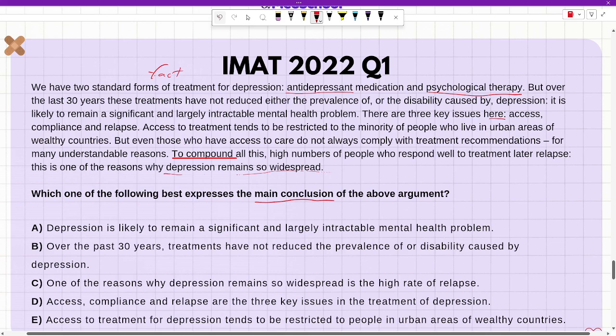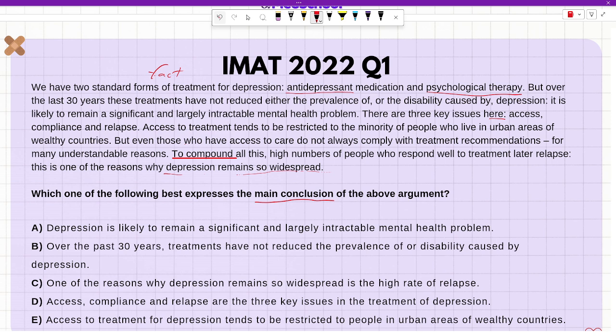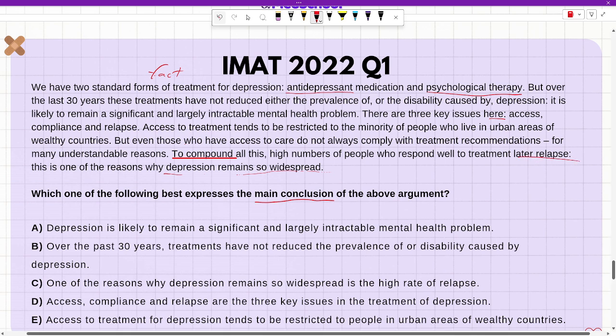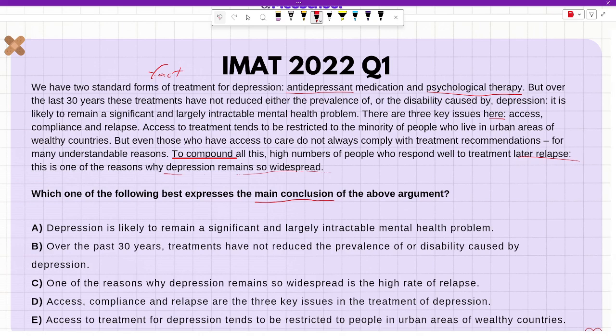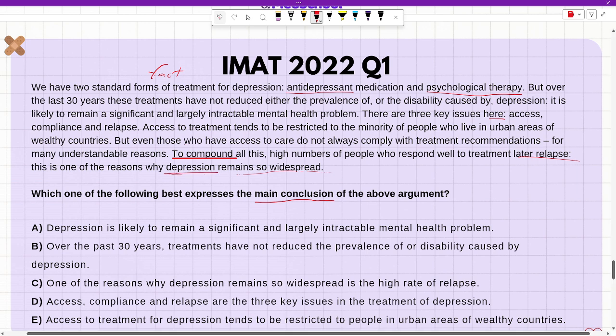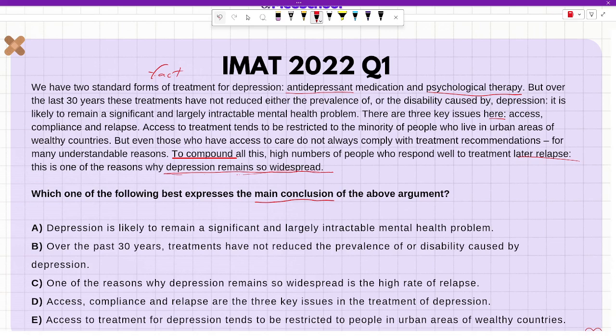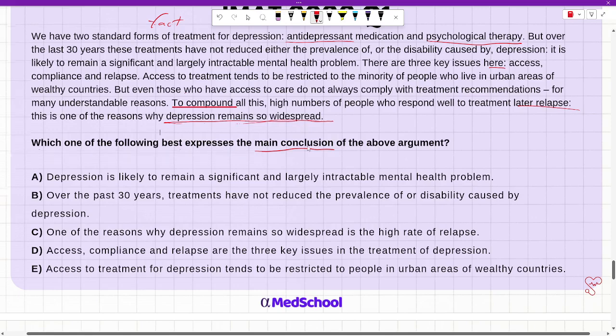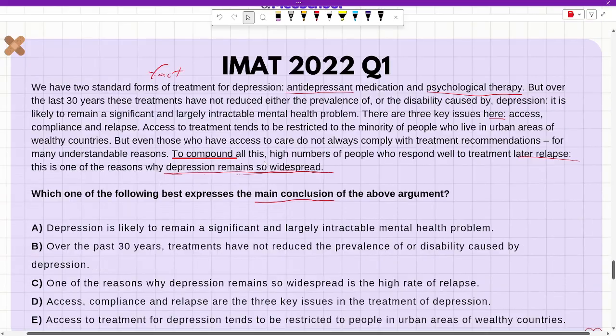Okay, so basically, he's trying to say that even though people are getting treated, later they come back to relapse. Therefore, depression will always be widespread. So my conclusion is that although there are treatments available, it does not fix the problem. Or if it fixes the problem, most people get it back again. So therefore, this will always be a problem.